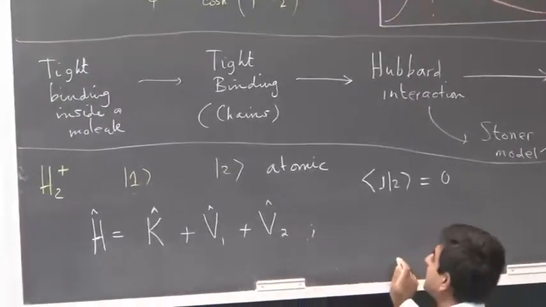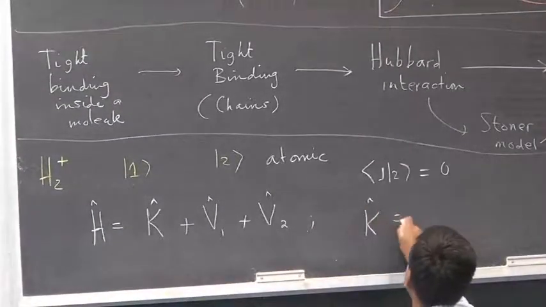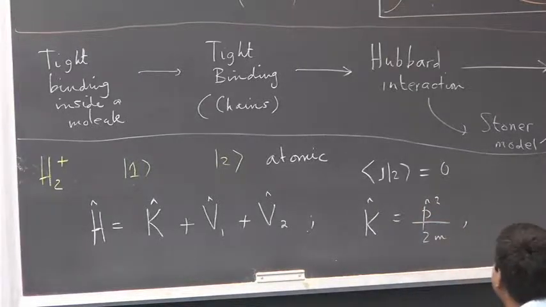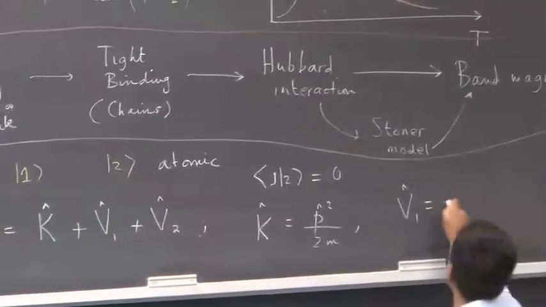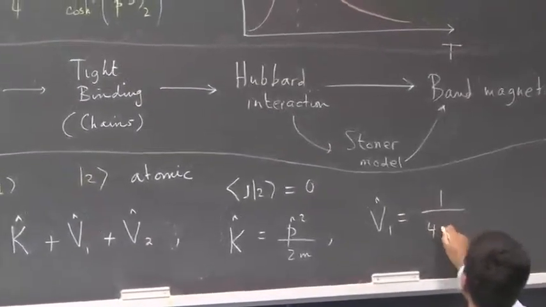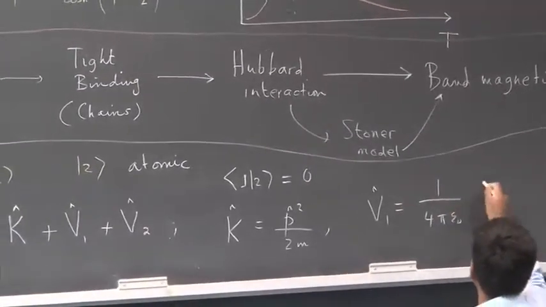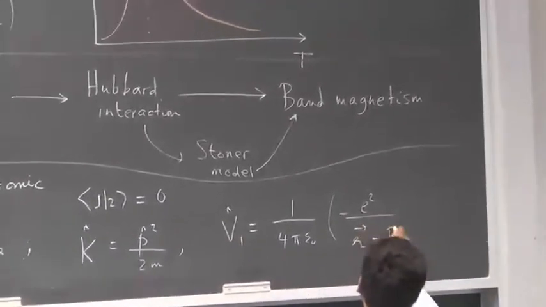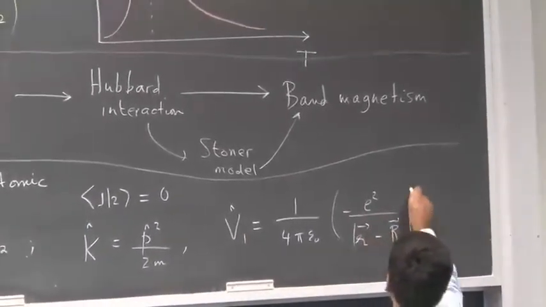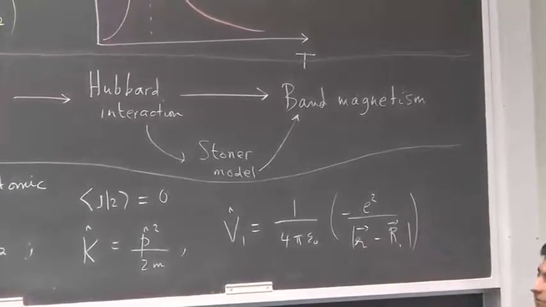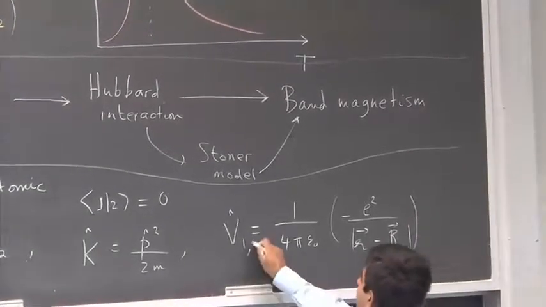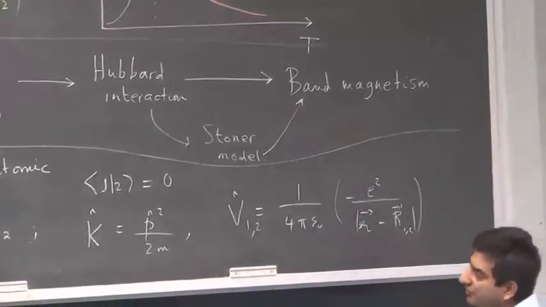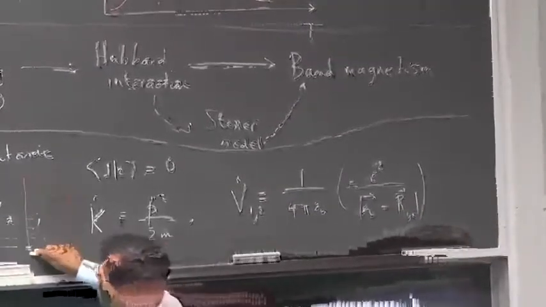If I want to spell these out, K equals P squared over 2m for the electron, V1 equals 1 over 4 pi epsilon naught times minus e squared over the position of the electron minus the first nucleus, and V2 is with respect to the second nucleus. So this is the Hamiltonian for the system.